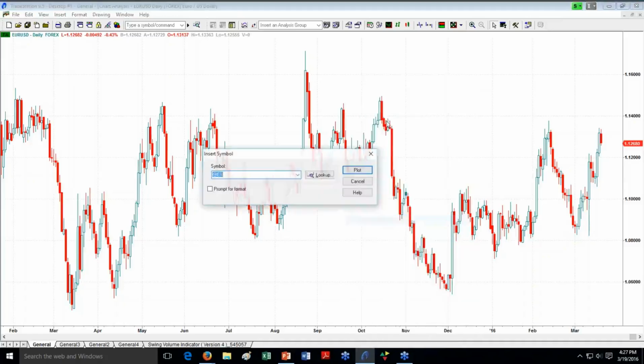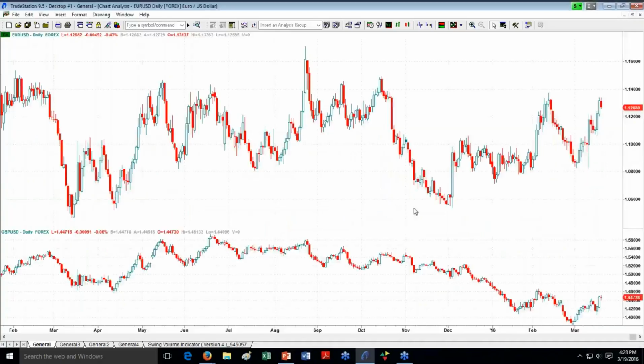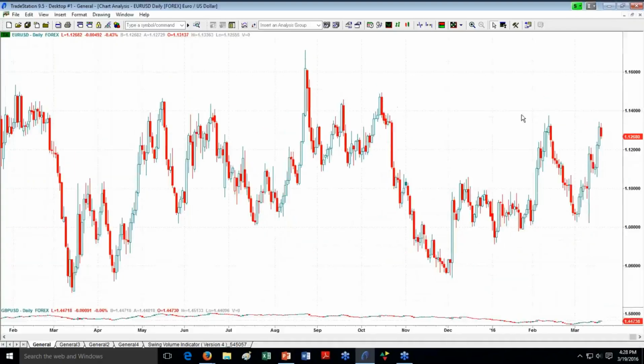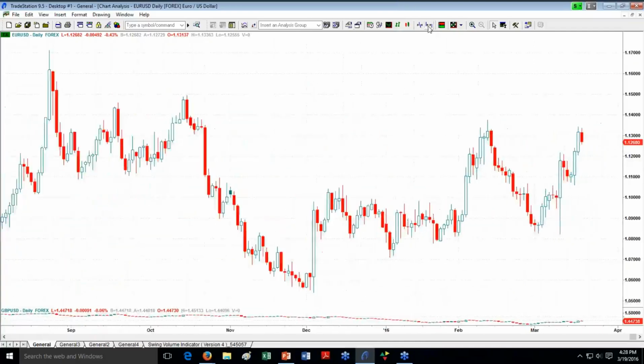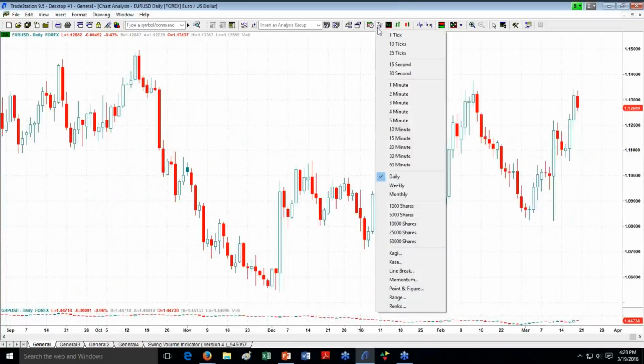Therefore, I can go from instrument to instrument and discuss it like this. Okay, so I put here both the euro and the pound, but let's look at this question first.